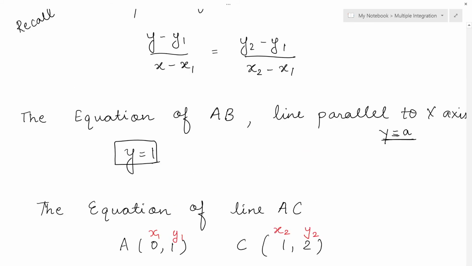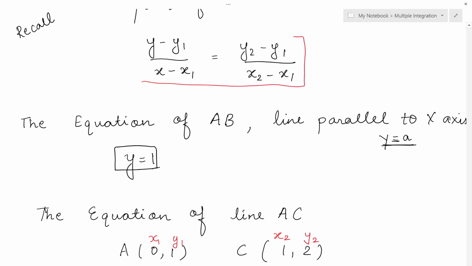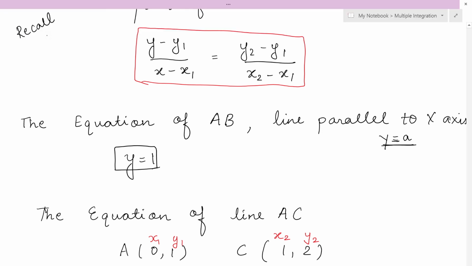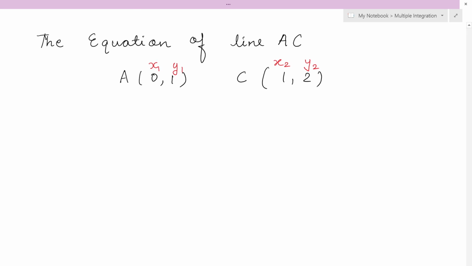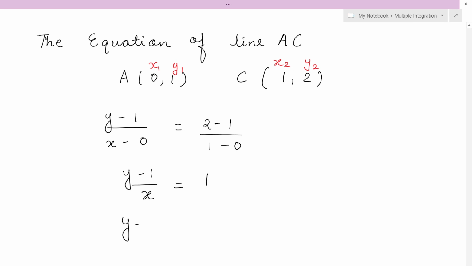Now the two-point form that I have written here, I will use to get the equation of the line AC. Let us substitute in the two-point form. What we'll get? y - y1, y1 is 1, over x - x1, x1 is 0, equal to (y2 - y1)/(x2 - x1). This is what you will get. So let me simplify this equation. Cross multiply.